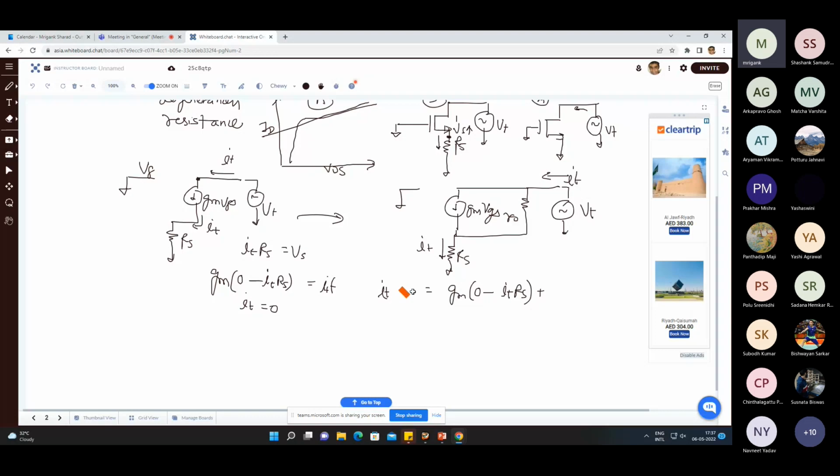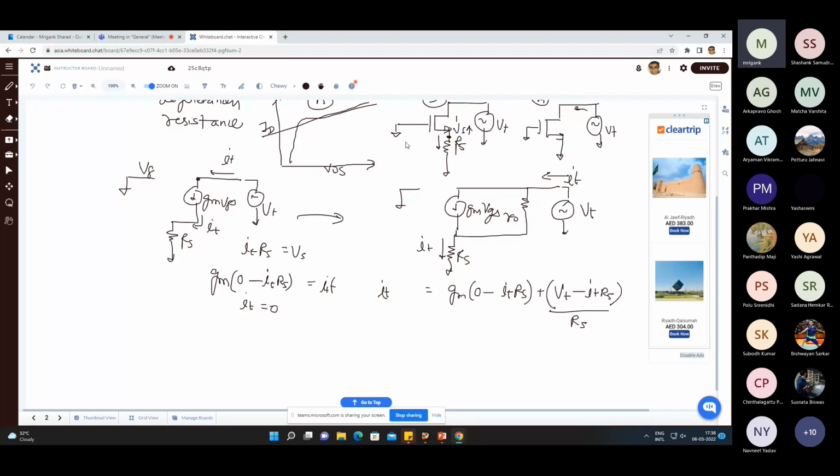IT equals GM VGS, which is 0 minus IT RS, plus the current flowing through RO, which is basically VT minus IT RS upon RO. This voltage is IT RS, so VT minus IT RS upon RO is the current flowing through RO.